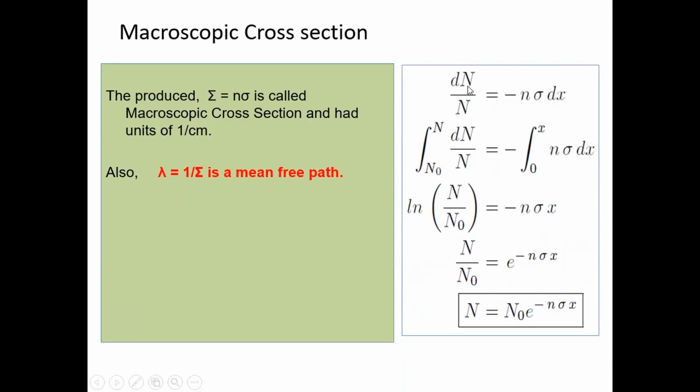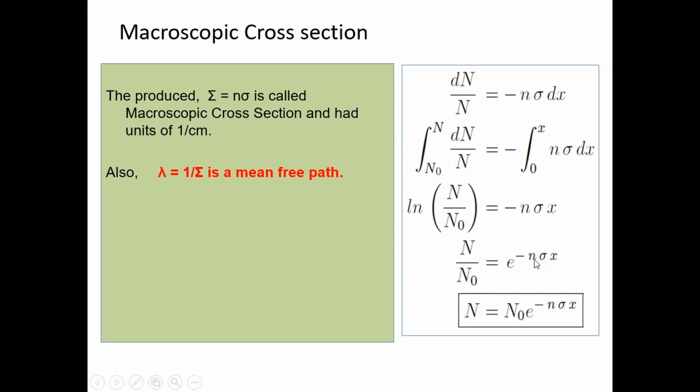As we have already seen, the number of particles removed from the beam per unit particles is given by n into sigma into dx, and we can integrate it from the initial value to a certain value, for 0 to x distance of a slab. Then if we integrate, we get n over n naught equals e to the power minus n sigma into x.